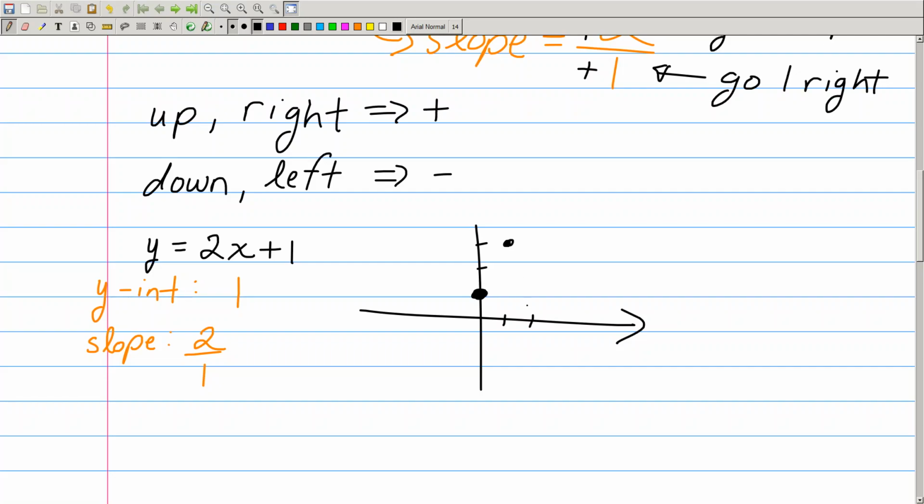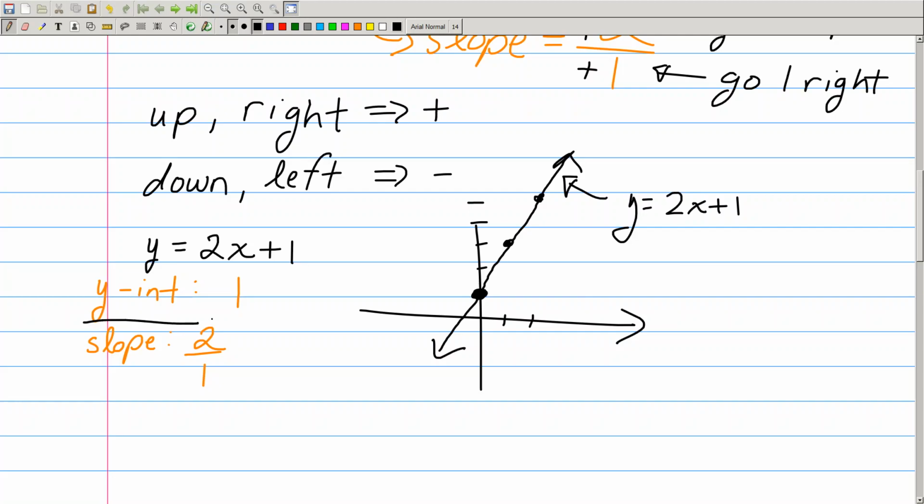And I can go again. I can go 2 up and 1 over. And you see how I formed a line? That is how you'd plot a linear relationship. So this is y equals 2x plus 1.